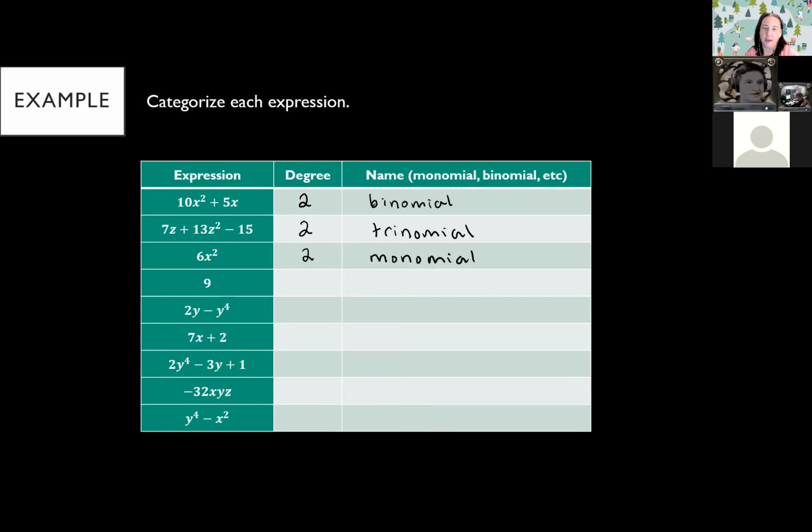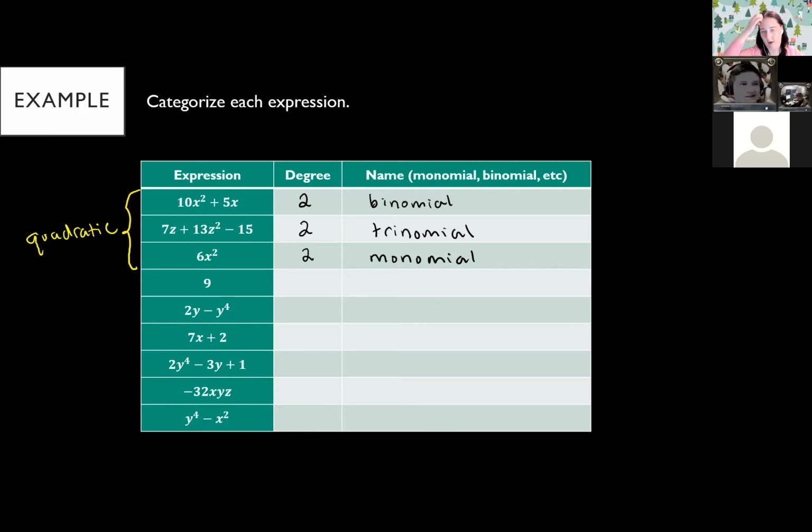If the degree is 2, we often call that a quadratic, as that's the special name for degree 2, but that doesn't necessarily mean that it's a binomial or a trinomial. It can fit in all 3 of those categories. And quadratics come up a lot. We do a lot of studying these special types of polynomials.